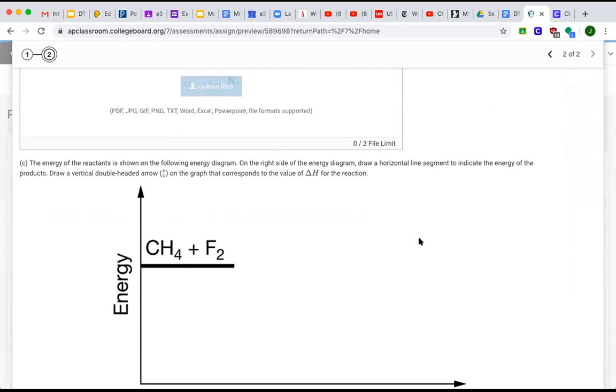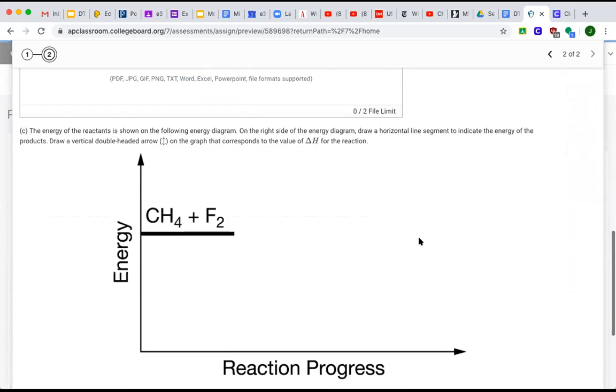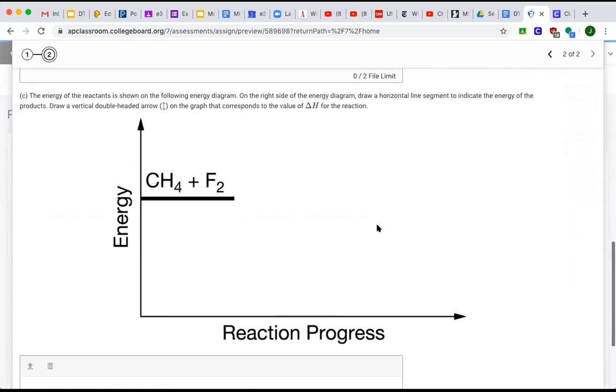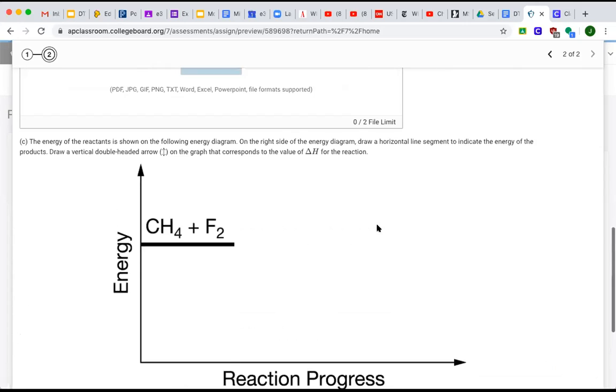Here's the energy of the reactants on the right side. And you're basically going to draw a reaction diagram that corresponds to the value of delta H for the reaction. Okay. Vertical headed arrow. Yeah. So okay, we probably haven't seen this before.